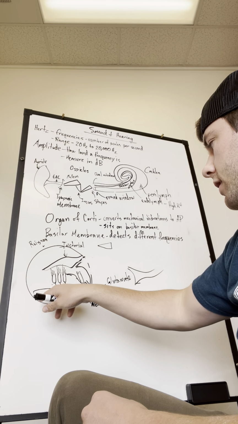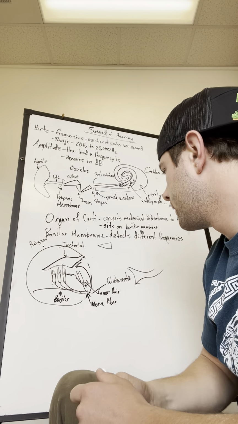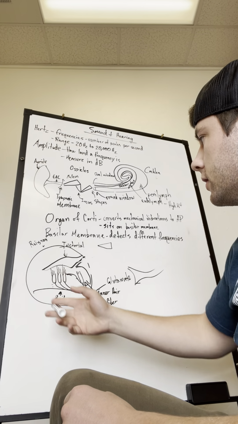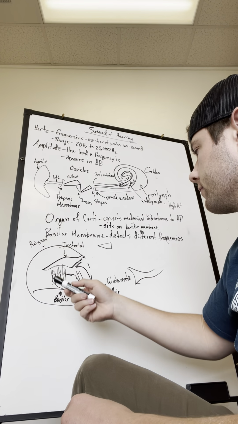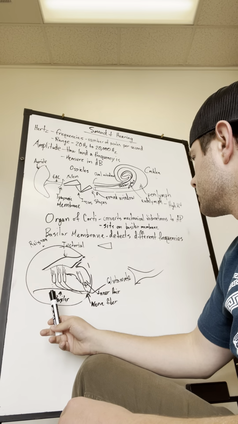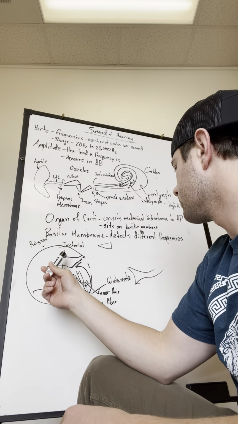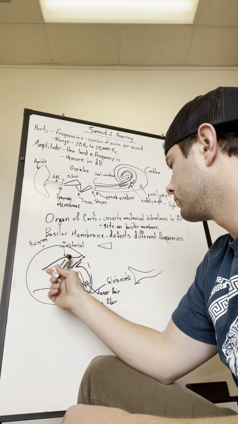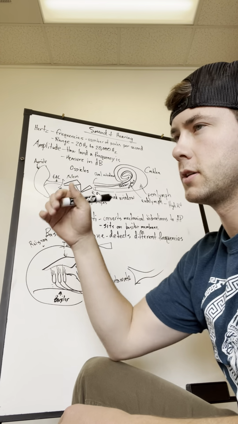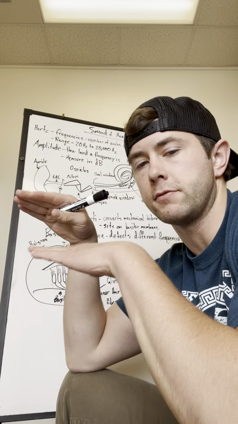But yeah, it's found here in this cross section if we look here. So let's look at this cross section. You have your basilar membrane, which will detect different frequencies, and you have your tectorial membrane, which is kind of like a shelf that sits over the top of your hair cells.